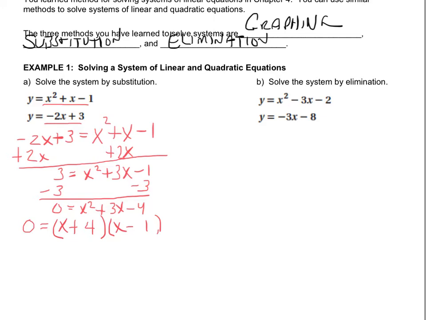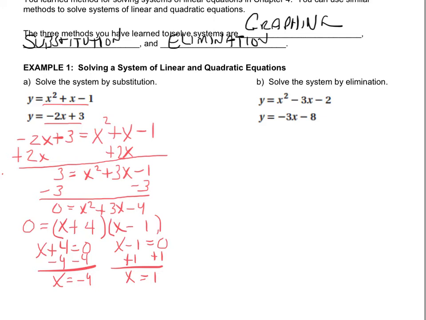So now through my zero product property, if one of these expressions is equal to 0, then it is successful. So this is where we use both binomials separately and set them equal to 0 to find what the x value is. In this one I'm going to subtract 4, so x is negative 4, and in here I'm going to add 1 to both sides to get x equals 1.